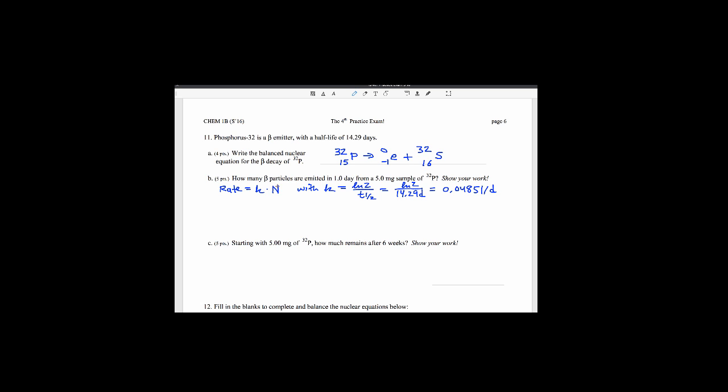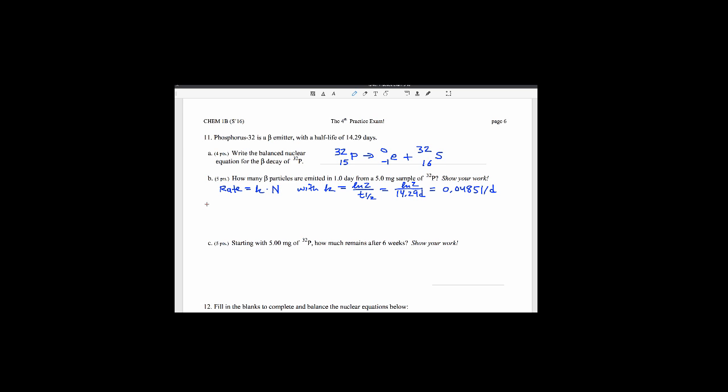As we have less and less substance, then we have less and less rate of decay. But if the half-life is 14.29 days, then in one day, not that much of this has actually decayed, and so the rate would not be that different at the end of the day as it was at the start. So that's a pretty good assumption for getting a fairly decent estimate of the value.